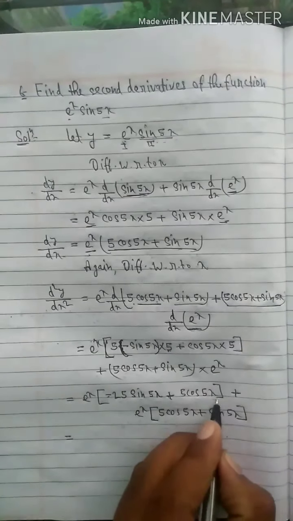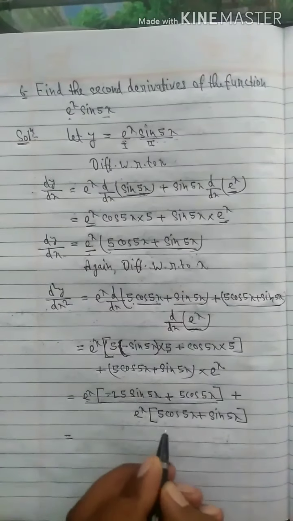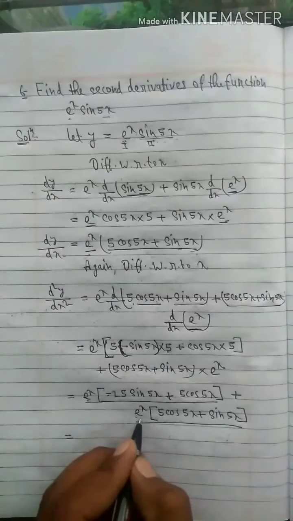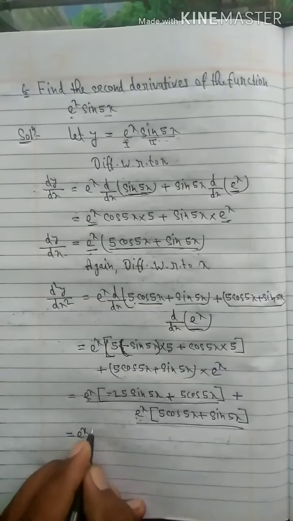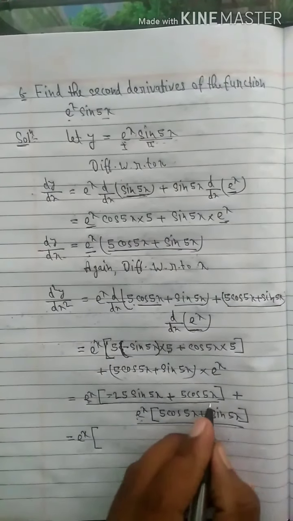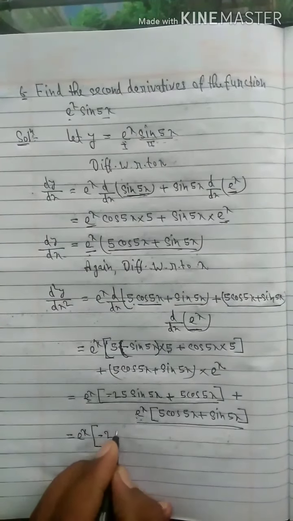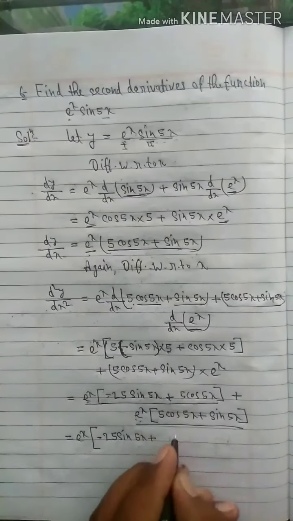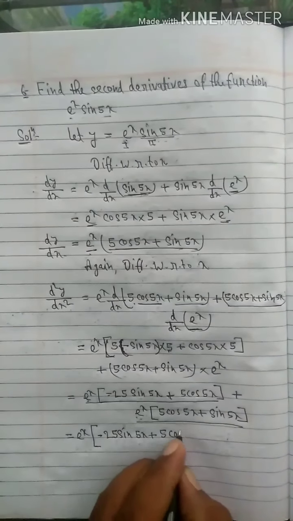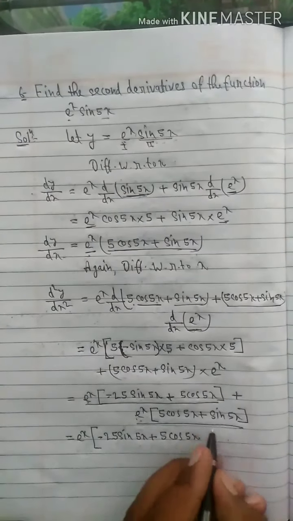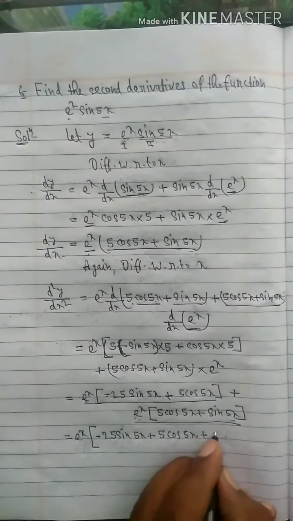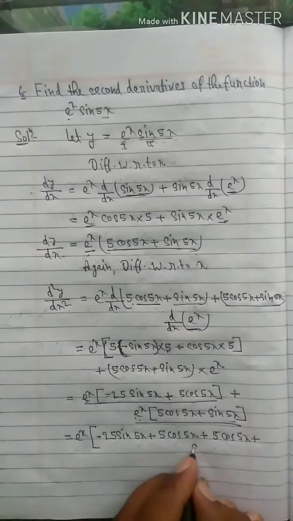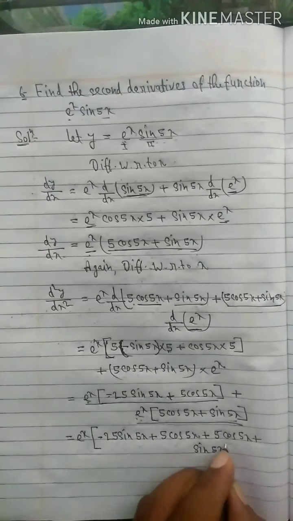And now see, in this term e to the power x is here and in this term e to the power x is here. So e to the power x is common. Taking the common factor e to the power x, from here left minus 25 sin 5x plus 5 cos 5x, and from here plus 5 cos 5x plus sin 5x.